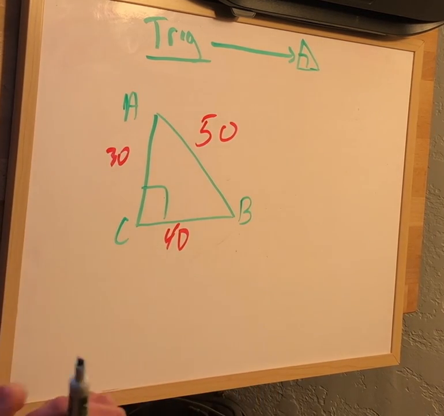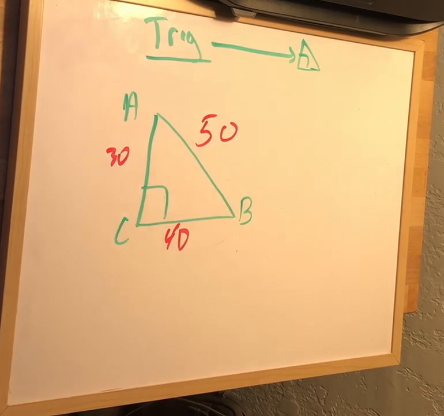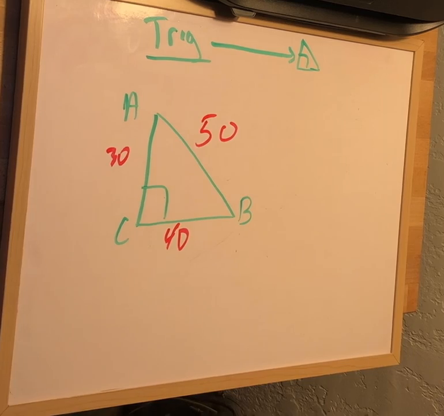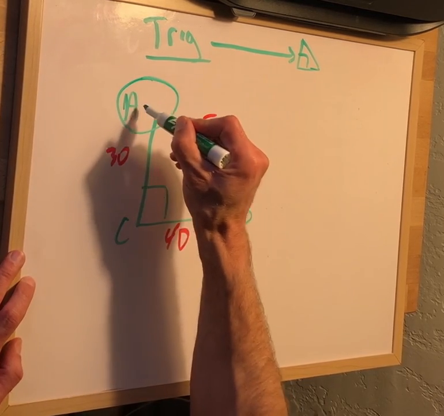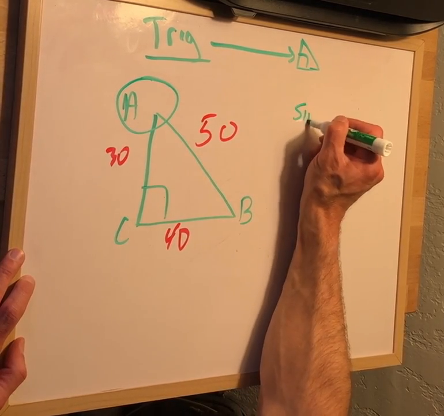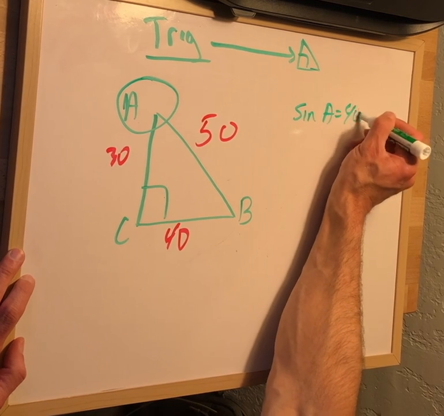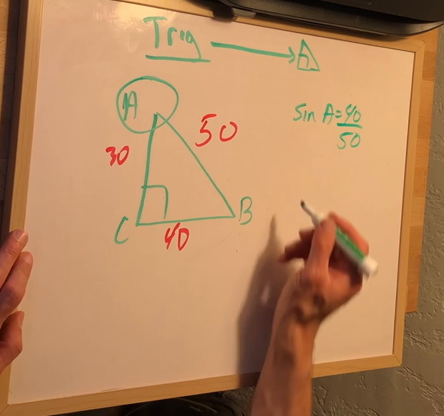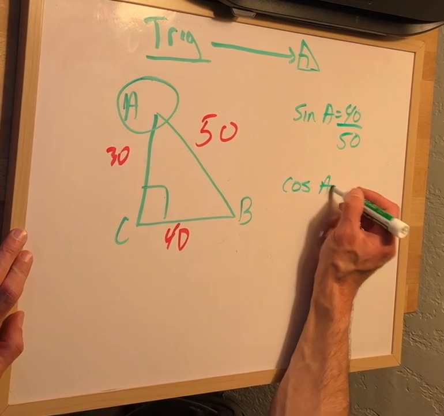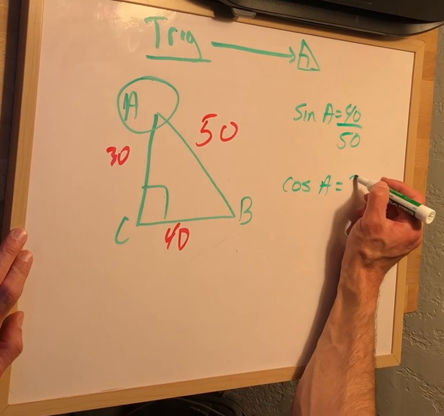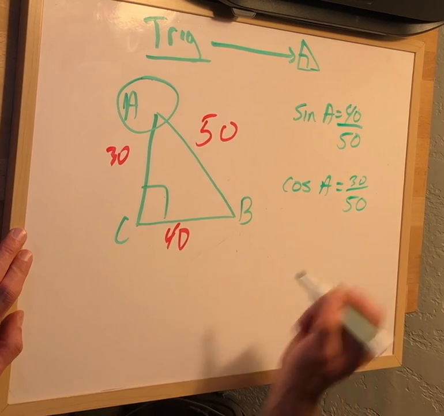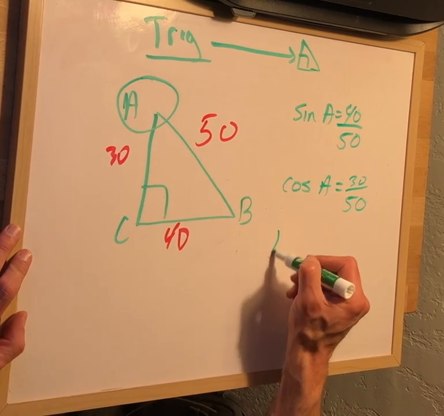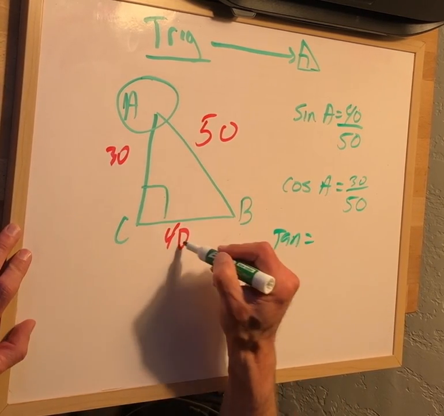All right, and then I ask you to write sine, cosine, and tangent of angle A. So here's angle A. Sine is 40 over 50. Cosine of angle A is equal to 30 over 50. Tangent of angle A is equal to 40 over 30.